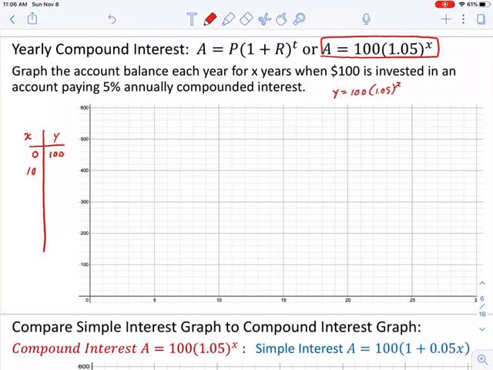Now, keep in mind, you're not multiplying by 10. You're taking 1.05 to the 10th power. I'm going to use my calculator for that. 1.05 to the 10th power, and then don't forget to multiply that by 100. I got $162.89.